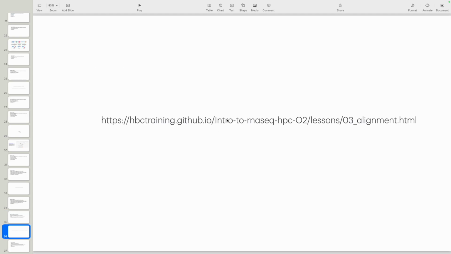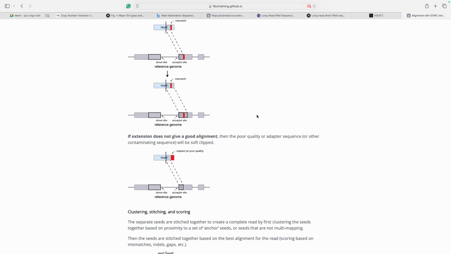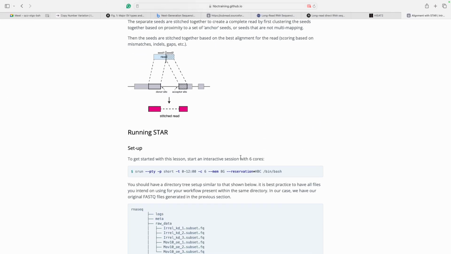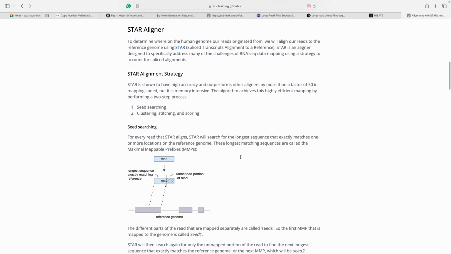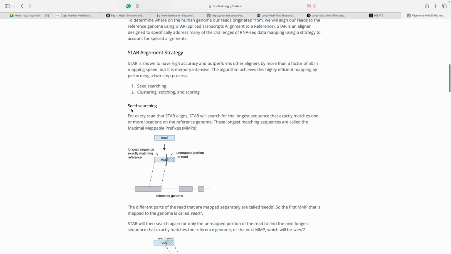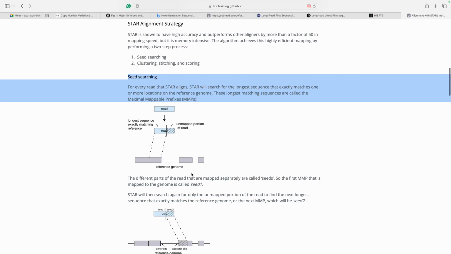So the correct option would be A and C. Please read the manual, take a few more minutes, please go through the manual, you will get a clear idea how these are being done. So seed searching is happening. The longest matching sequences are called maximum mappable prefix, where our seeds would align.